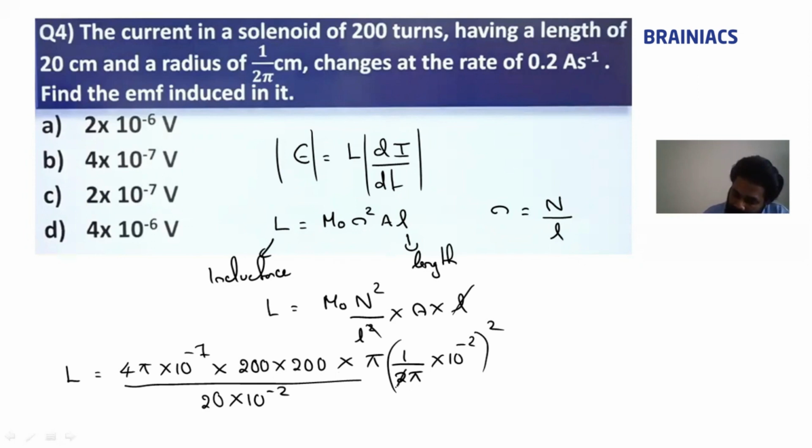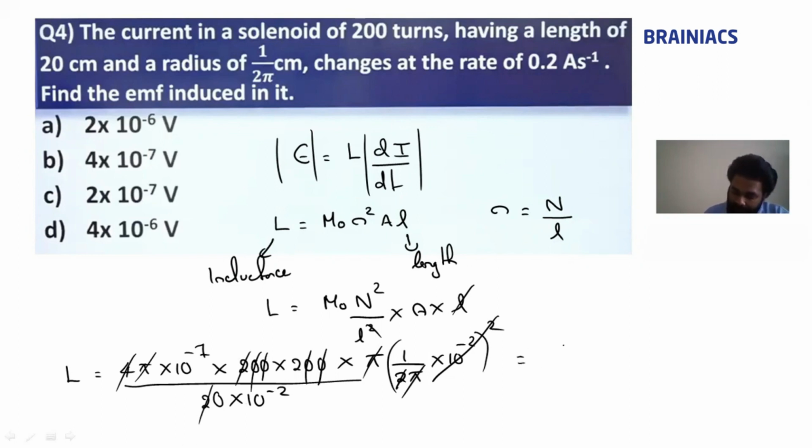So here this 2 squared can be cancelled with this 4, and pi square can be cancelled with the 2 pi's. Pi is here, then pi in another place. Then this 10 raised to minus 2 square will become 10 raised to minus 4, that can be cancelled with these four zeros, and this 2 can be cancelled with this 2.